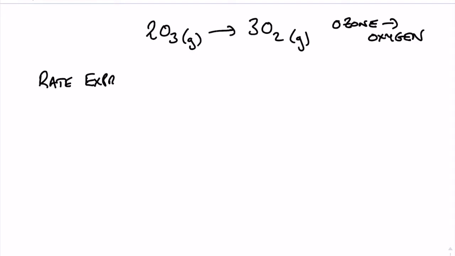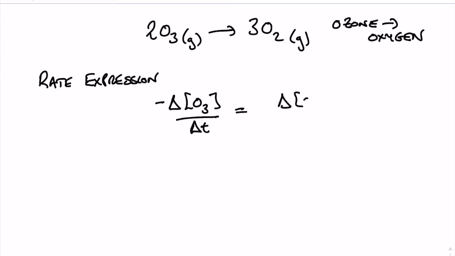And if we see the rate expression, and we think about coefficients, we realise that the change in concentration of ozone over time is going to be related somehow to the change in concentration of O2 being produced over time.